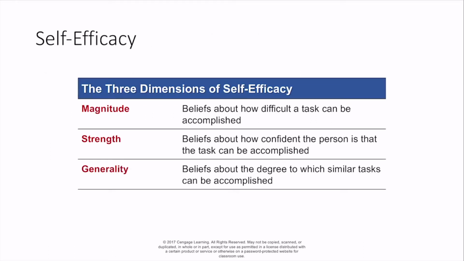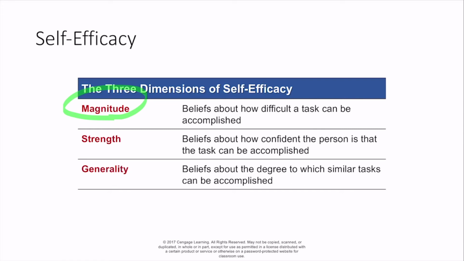Now, when it comes to self-efficacy, and self-efficacy is the level of comfort and confidence that you have in yourself. Self-efficacy involves three dimensions, as you see here. The first one is magnitude, and that's the belief about how difficult a task can be accomplished.